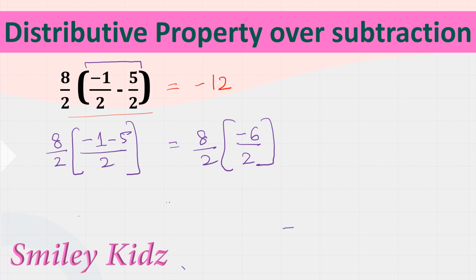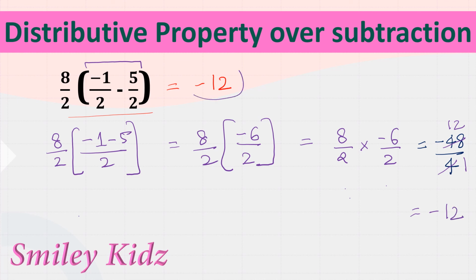Now we'll be removing the brackets and solving. 8 by 2 multiplied by minus 6 by 2. When we multiply this, we get the answer as minus 48 by 4. Now we will simplify this. 4 times 1, 4 times 12, which is equal to minus 12. If you have observed, we got the same answer. This is the distributive property over subtraction.